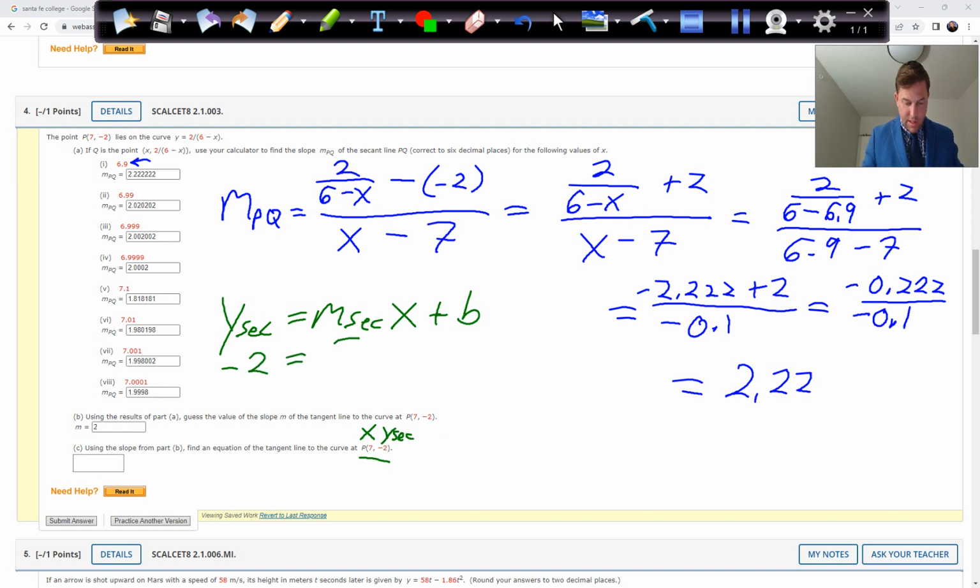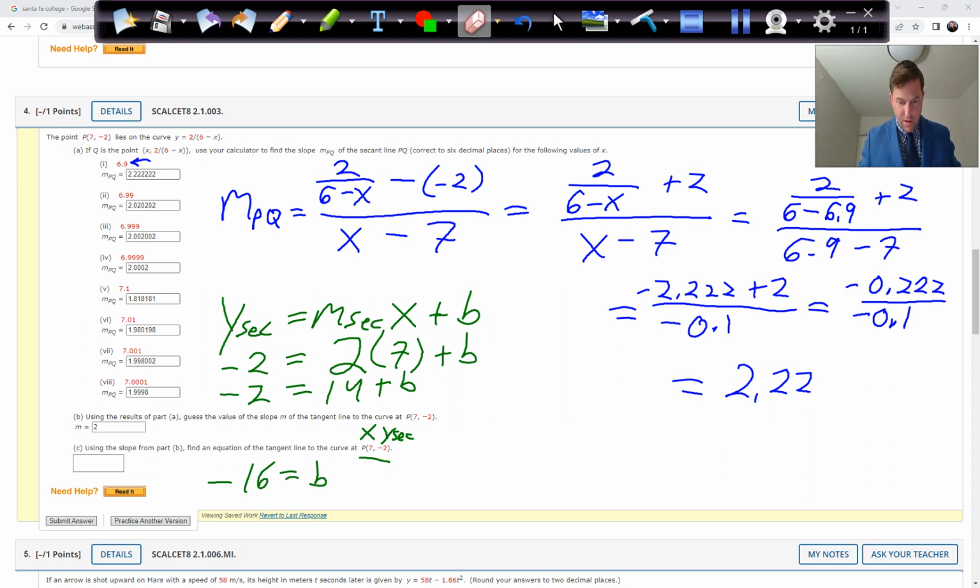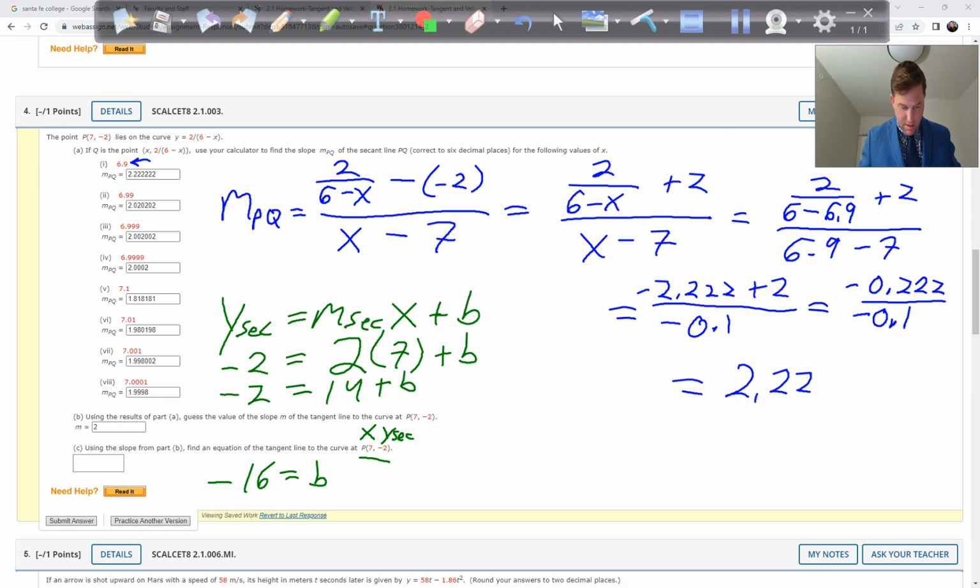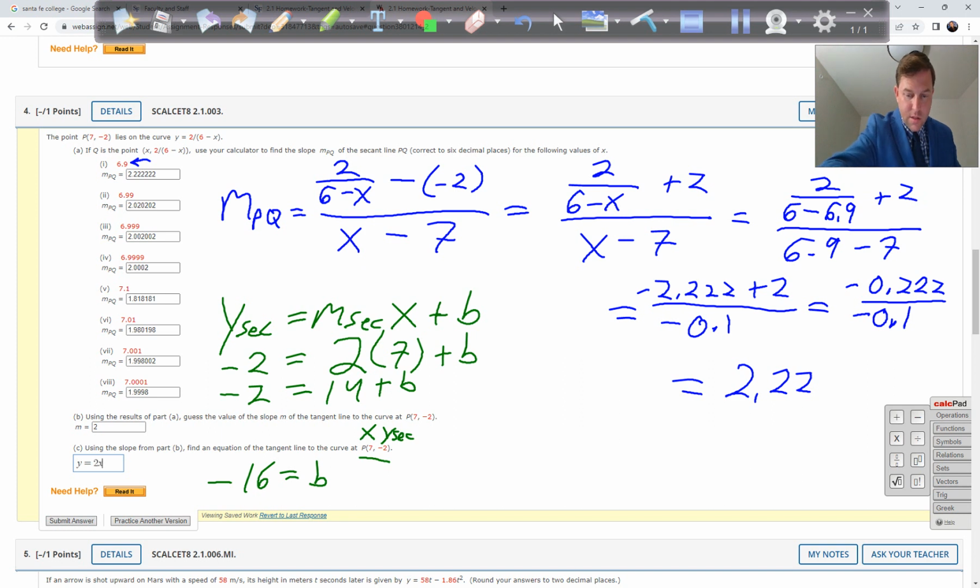We plug in the slope of 2, and the x value is 7, and we can solve for b. So we'd get minus 2 equals 14 plus b. Subtract 14 from both sides. b is equal to negative 16. So I think they're going to want us to type it as y equals 2x minus 16.